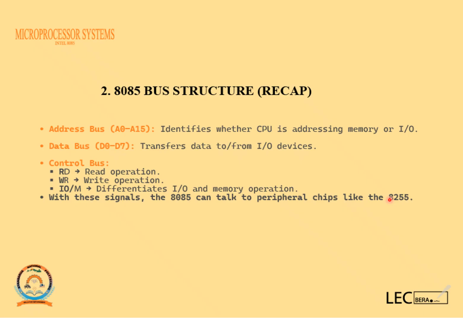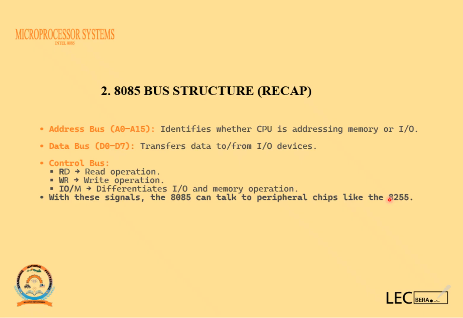Pins which carry control signals are grouped together, and we call them the control bus. Pins which carry the address, we group them and call them the address bus. And the pins which carry data, we group them and name them the data bus. So we have the address bus, the data bus, and the control bus.